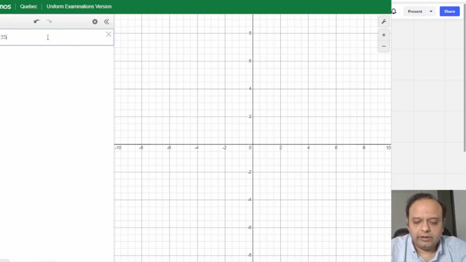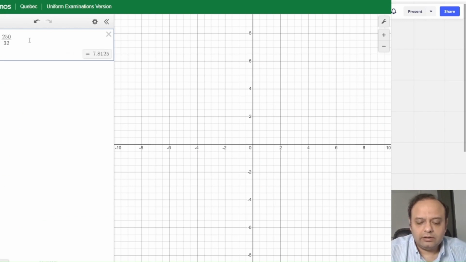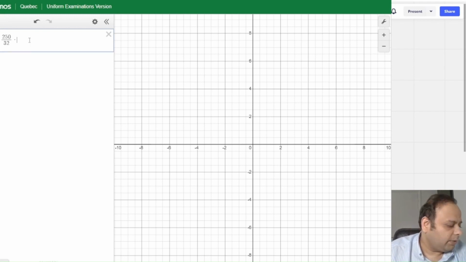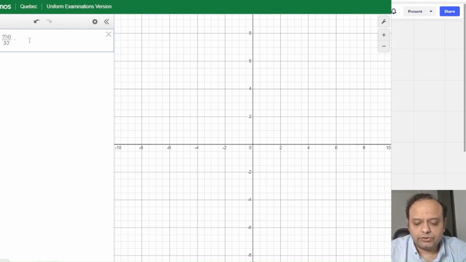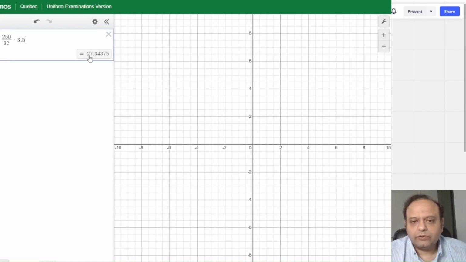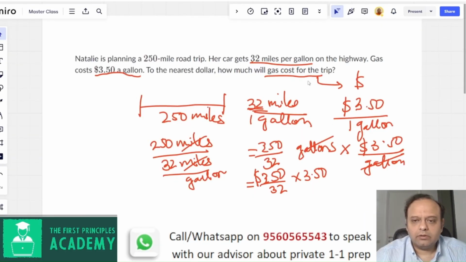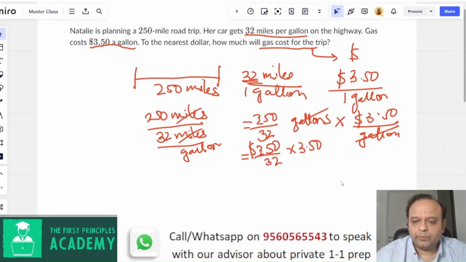So 250 by 32, and we will multiply it with the dollar per gallon amount, which was 3.50, right? So we get a number of 27.343. So this is equal to $27.343.